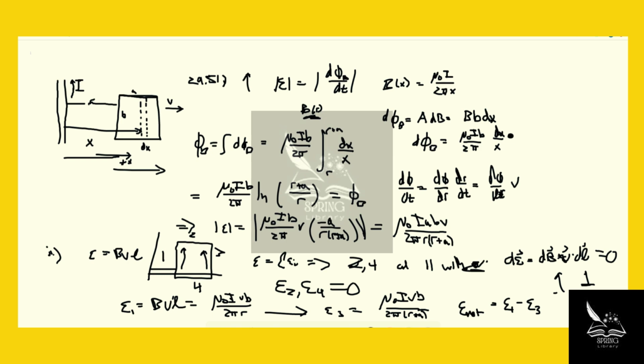If we simplify it out, we're left with mu naught I A B V all over 2 pi r times r plus a, which is exactly what we had before. So this way works out just as good. Could be easier for you, could be harder, so you can choose your way, but now we've got it both ways, so let's move on to B.